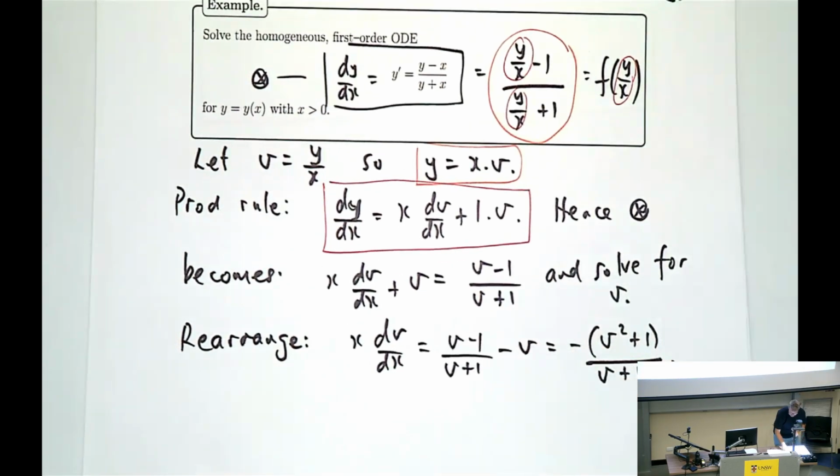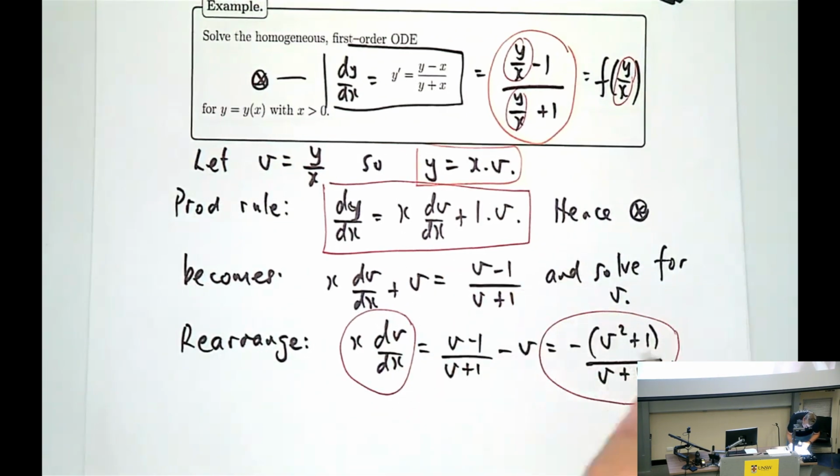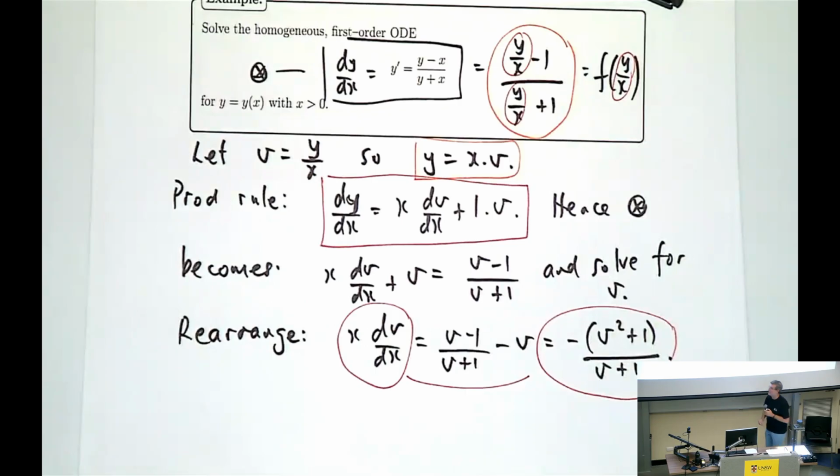Okay, so now we're in business. That equals that. I've just simplified the algebra. It's better if you do that. So it's separable. We can separate the variables and we can integrate.